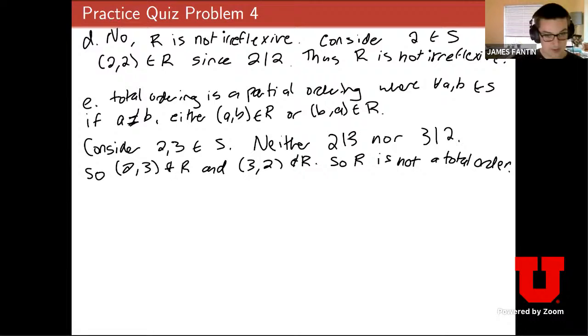So let's start with the smallest elements, because they'll always be at the bottom. So for 2, what are all the things that 2 is related to? Let me just write what the relation is again.